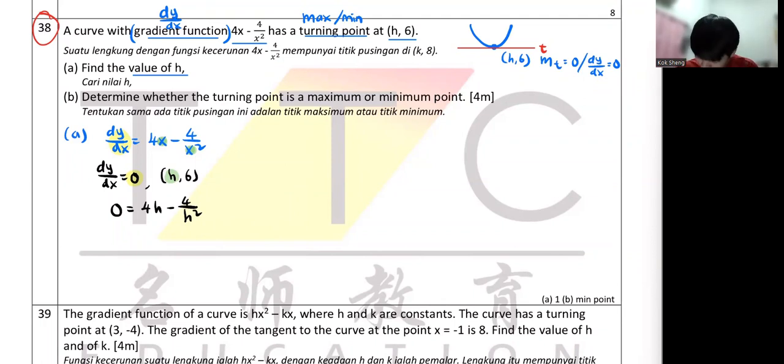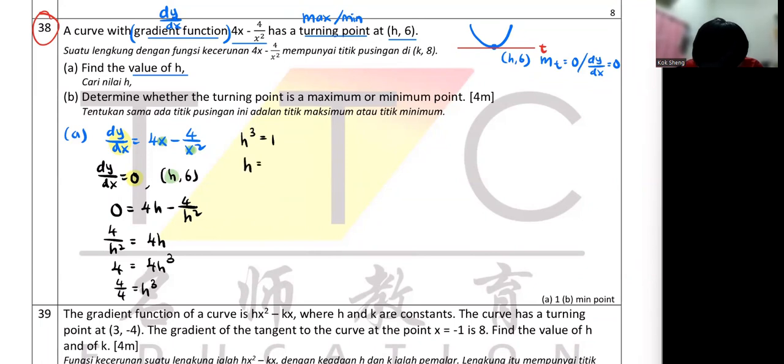So we can find h already. I bring over the fraction first. Negative 4 over h squared becomes positive. Then bring over the h squared and times h to the power of 3. Continue, bring the 4, divide. Later cube root, so you get 1.